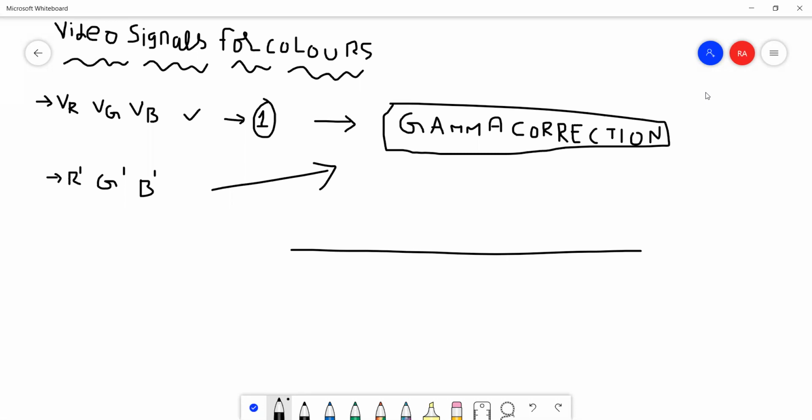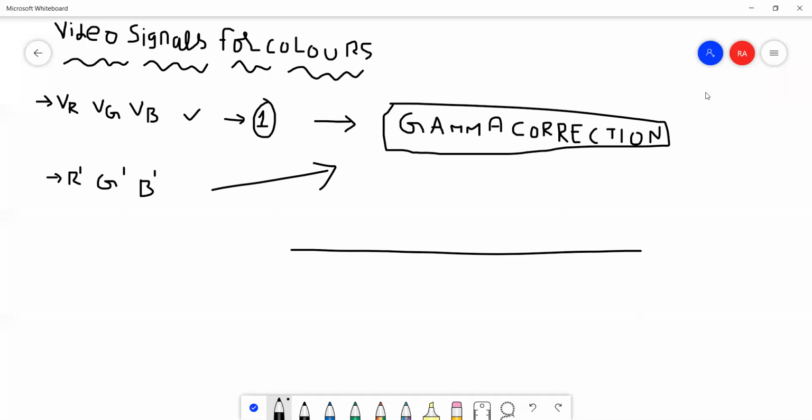With white light incident on the face of the camera lens, for a maximum of usable brightness, 100% white color, these amplitudes are usually set to these levels: VR, VG, VB equal to 1 volt.